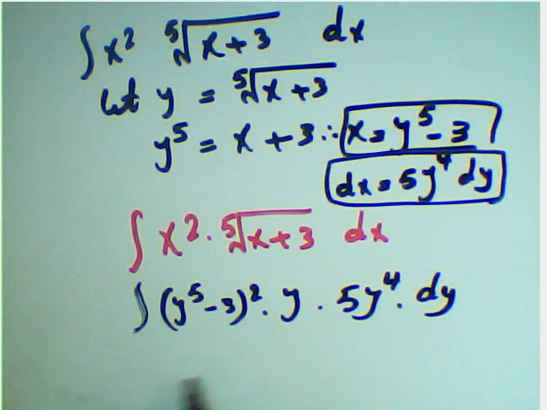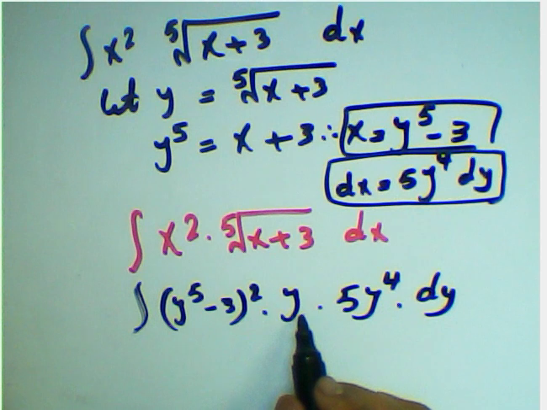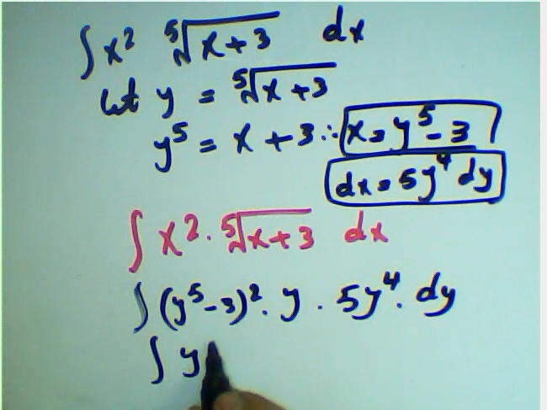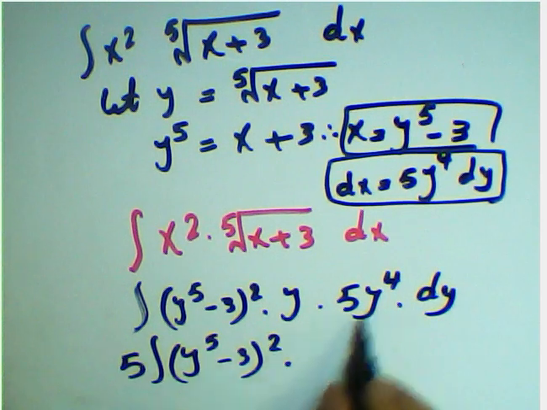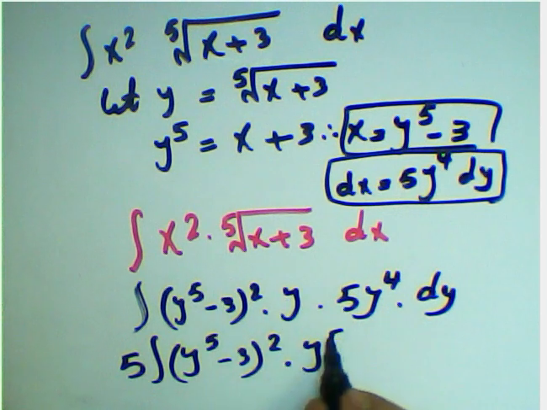Then we can write this in simplest form: integration of y power 5 minus 3 all power 2, with 5 outside, y power 4 times y dy.